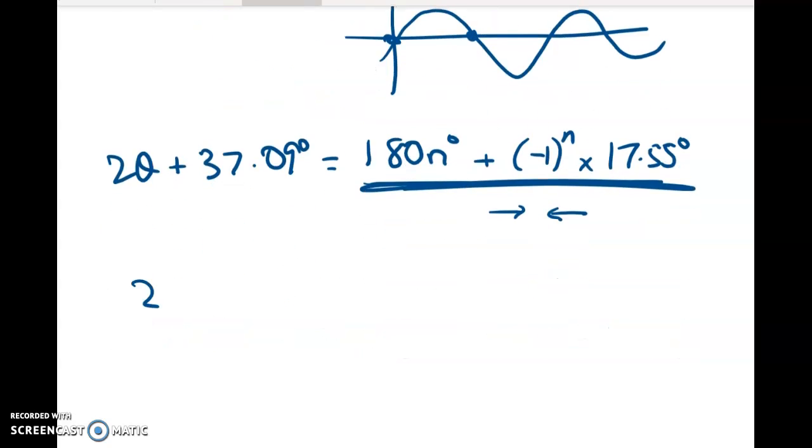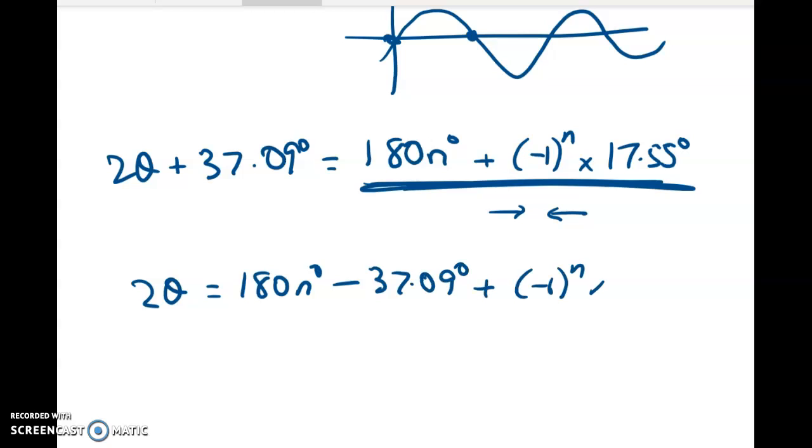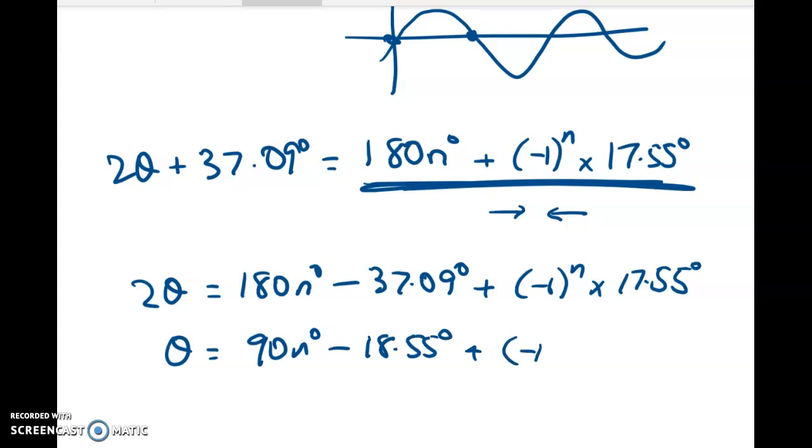Okay, so now we have 2 theta is equal to 180 degrees minus 37.09 plus this. And that gives us theta is equal to 90 minus 18.55 degrees plus this, and then I'm going to halve this number.